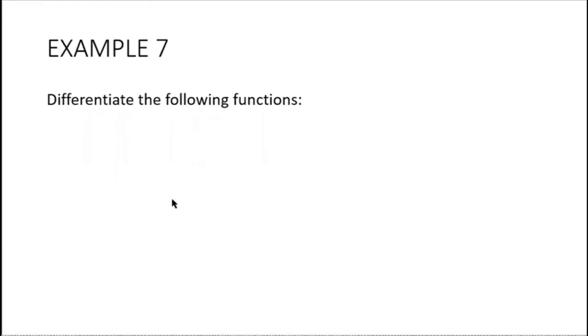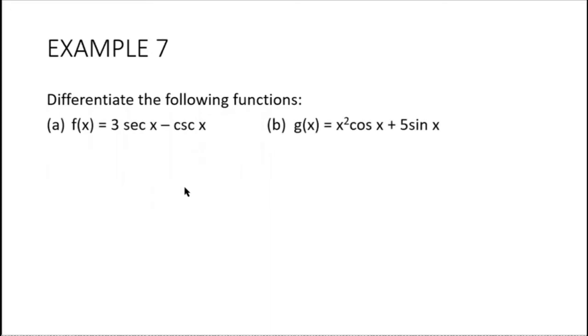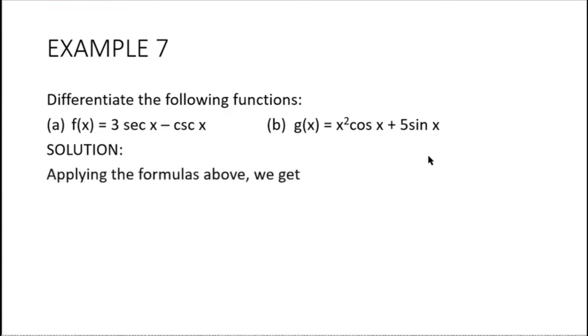Okay, next. Still under example 7, but letter B is what we will answer. So, differentiate the given function g of x is equal to x squared cosine x plus 5 sine x. And again, applying formula number 7.